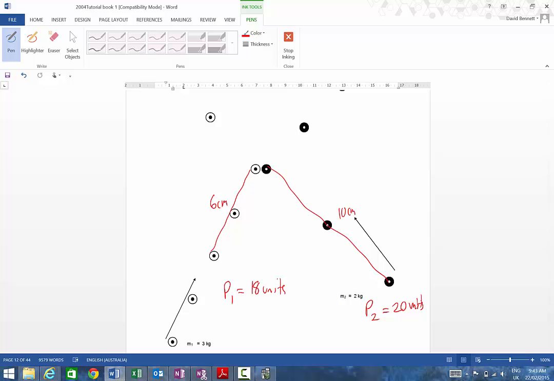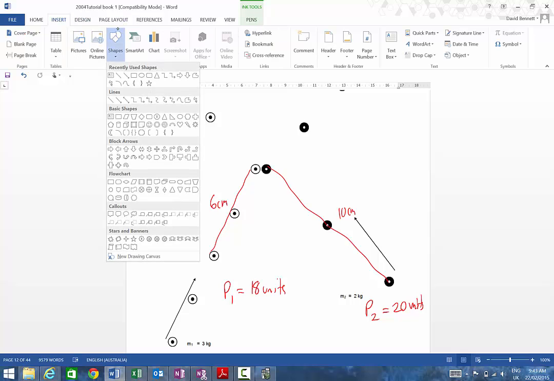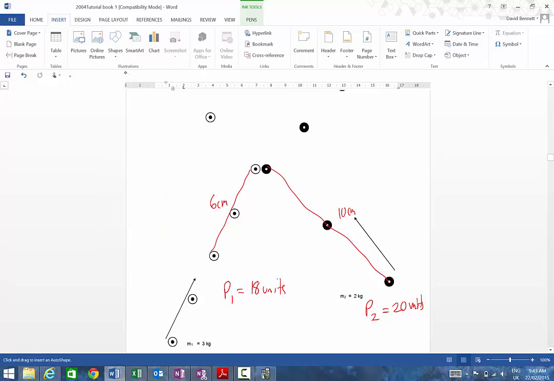With momentum, the direction is also very, very important. This one has one vector going upwards, and we've got another vector going that way. So what we should do is get our ruler. I'll use my vectors. I'll get my vector and draw a line, and I would suggest that you start over here and draw your vector going like that.